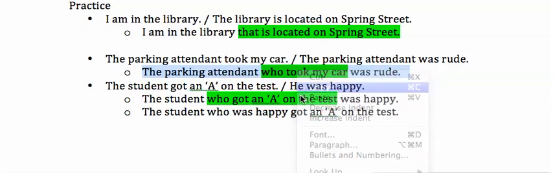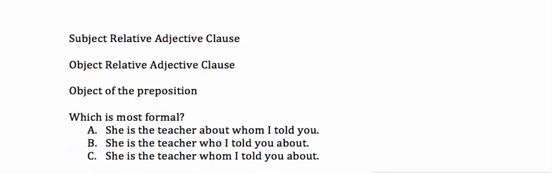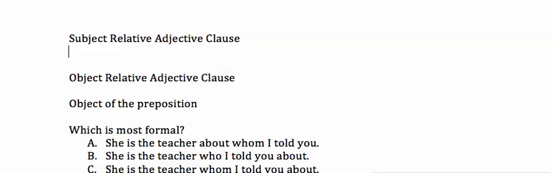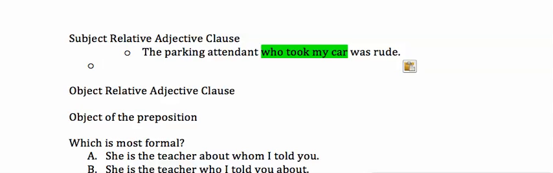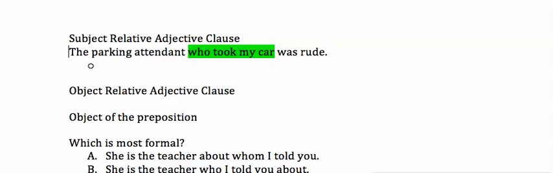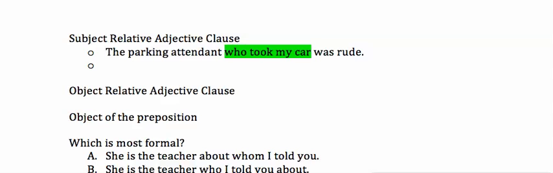So for a subject-relative clause, basically, you want to ask yourself, if you look at the beginning of the sentence, the subject of the sentence, the main subject, is the parking attendant doing the action or receiving the action? Okay, so what do you think?